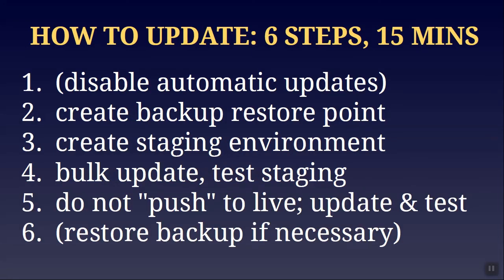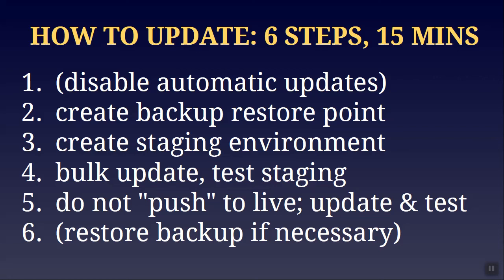So what are the 6 steps? First of all, you should disable automatic updates. We will see that shortly and why. Then you create a backup point. You create your staging, so your clone website. You do a bulk update right there and test if the website works.